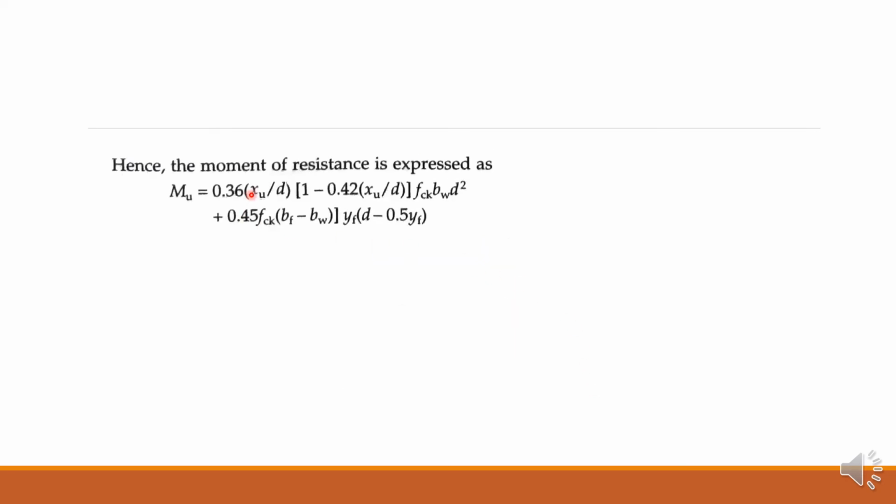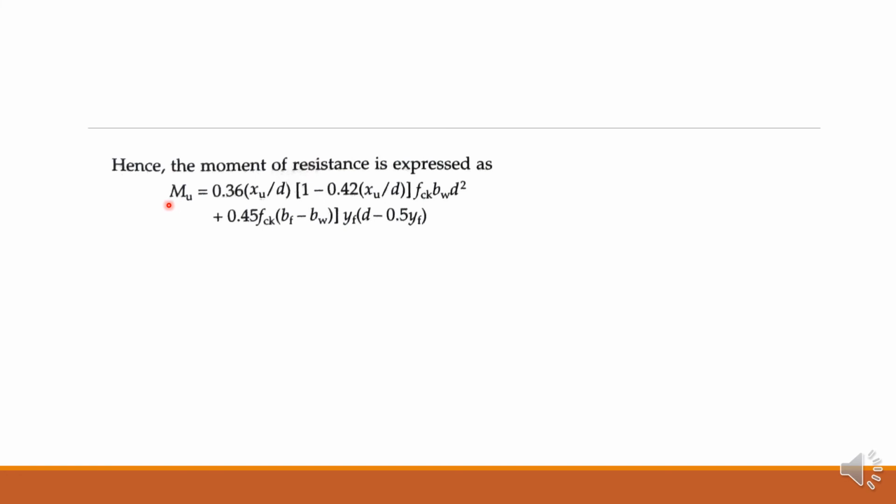Hence the moment of resistance is expressed as M is equal to 0.36 into xu by d, 1 minus 0.42 into xu by d, into FCK into BW into d square, plus 0.45 FCK into BF minus BW into YF into d minus 0.5 YF.